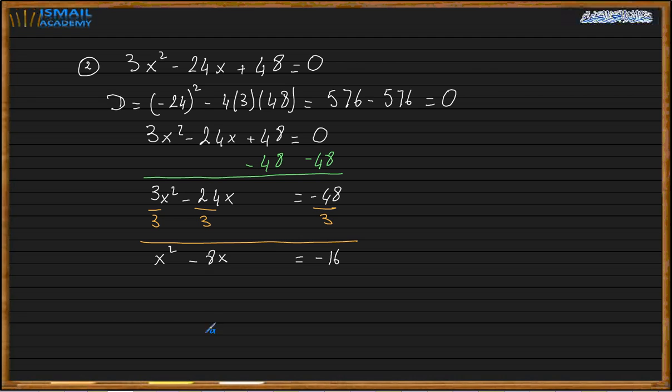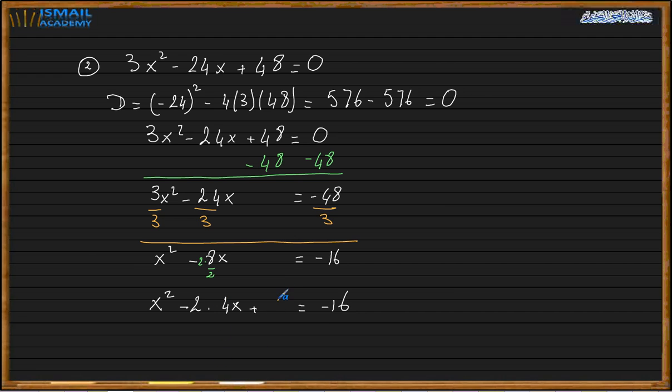Now I have 8 here, so what I do here, I divide by 2 and times by 2. So I will end up having x squared minus 2 times 8 divided by 2, which is 4x, equal minus 16. So now I know what is my a. You see this is 2ax, so a is 4.